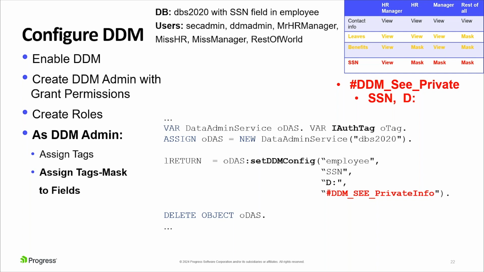So here we are locking the field with the default mask, and we are saying that roles which have the DDMC private info tag assigned to them, only those roles or only users with that role will be able to see this field. So at this stage, we are locking our field. So we have configured our fields. In this case, we have configured the SSN. The same way, we can configure leaves and benefit.